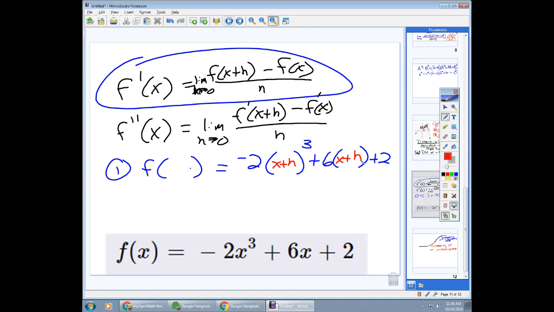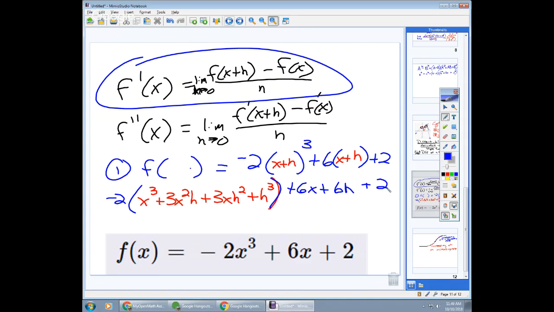So that's going to be -2 times x cubed plus 3x squared h plus 3x h squared plus h cubed. Plus 6x plus 6h plus 2.